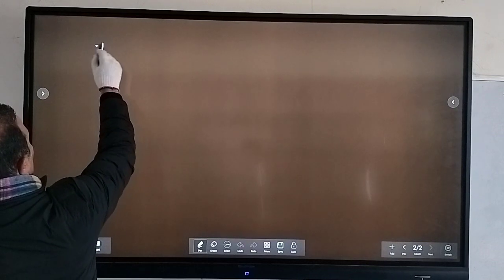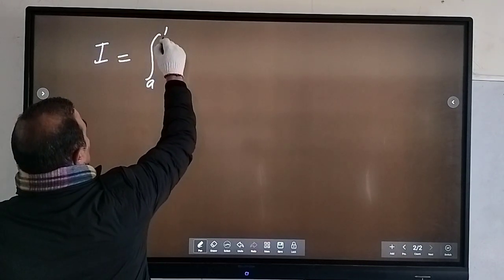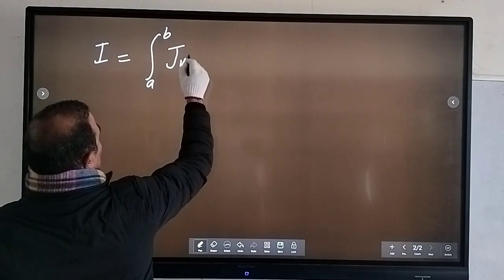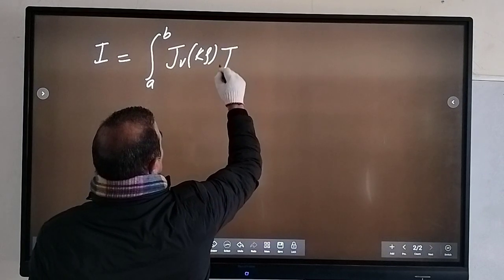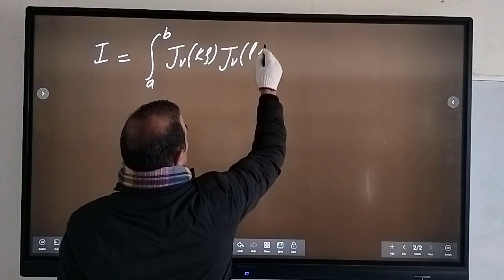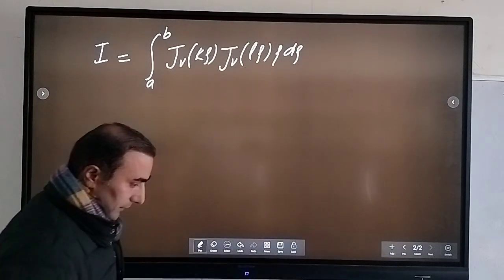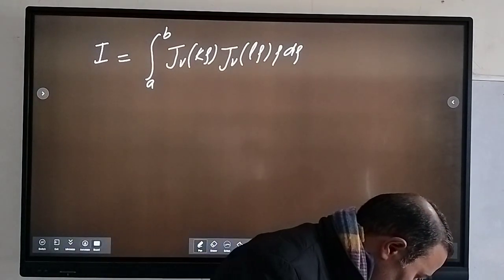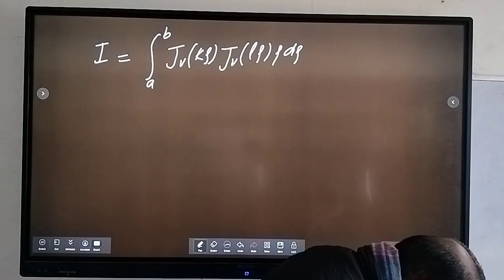So we can do one thing now. Let us suppose that our I equals this integral.